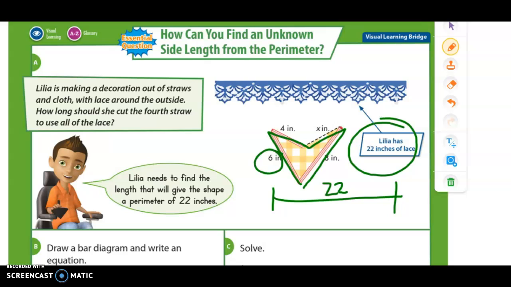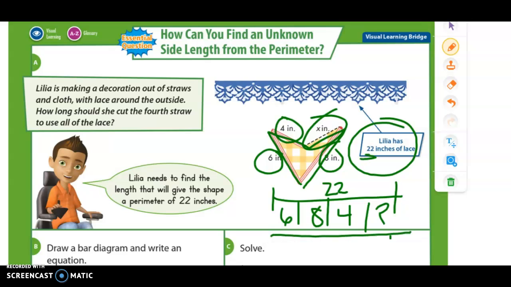I see she's already used 6 inches of straw, and 8 inches of straw, and 4 inches of straw. I just don't know how much straw this side is worth right here. And we want to use all 22 inches of lace. So we need these numbers to add up to make 22.